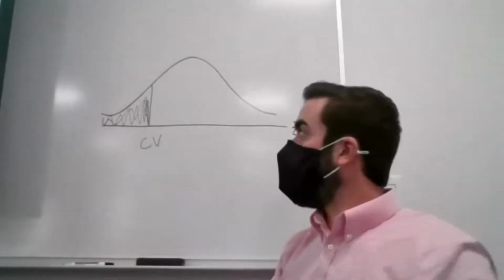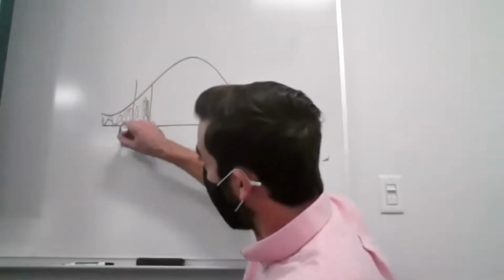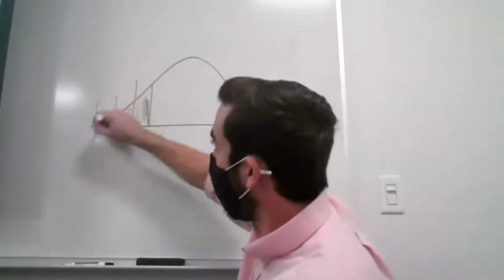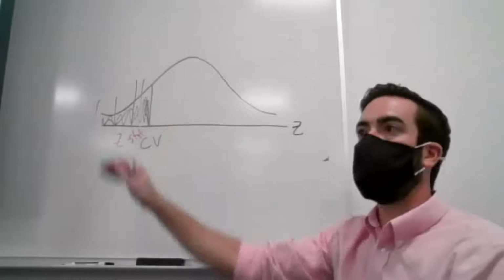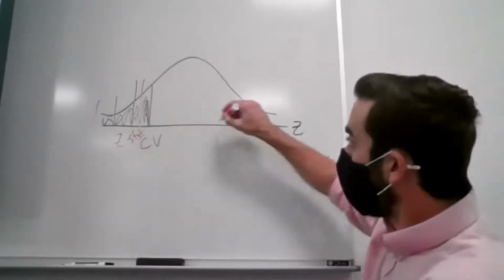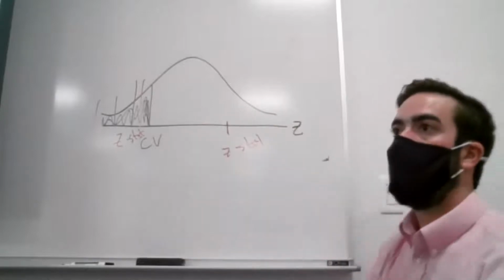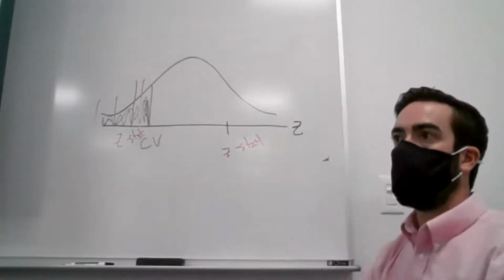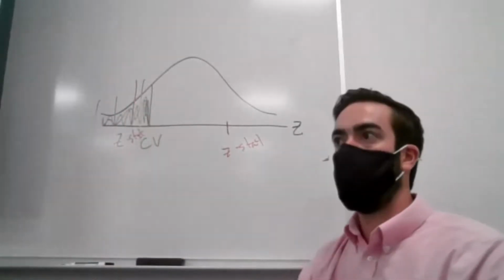If I see a test statistic, right, if I say plotted my z statistic or my test statistic, and it's anywhere in this range, we call that range kind of my rejection region, right? If I see a test statistic or a z statistic over here, well, that's not my rejection region, so I would fail to reject the null. But if I see any test statistic in that rejection region, I reject the null.